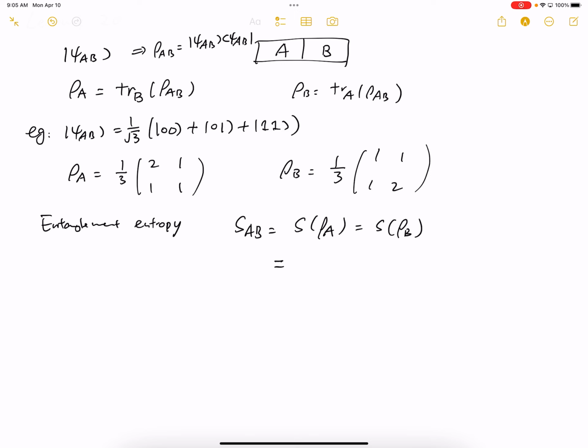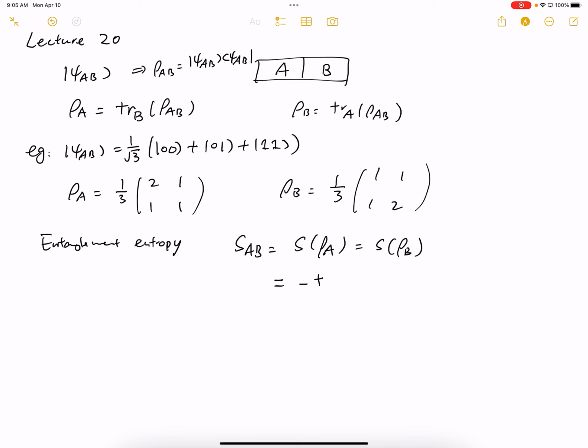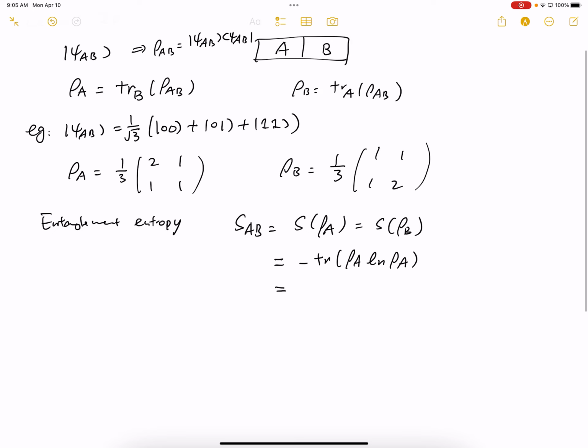In terms of calculation, what you do is you take the negative of the trace of rho A times log of rho A. This is the matrix log. The only way to do it is to diagonalize rho, which is the same as calculating the eigenvalues. The easier expression is just the negative sum over p_i log p_i, where the p_i are eigenvalues of rho A. The entropy is always a non-negative quantity.